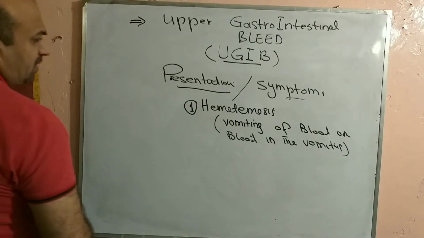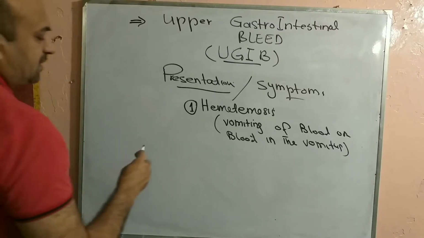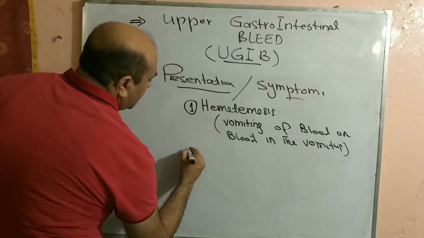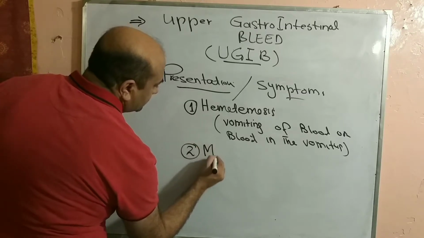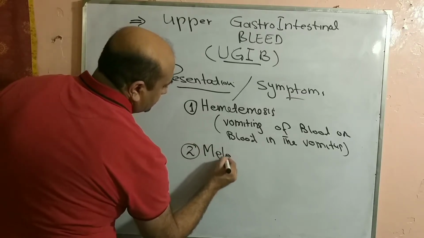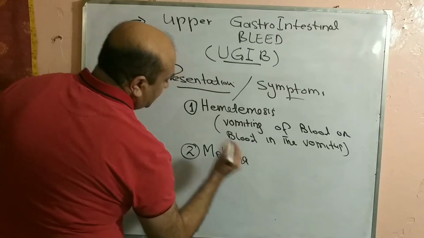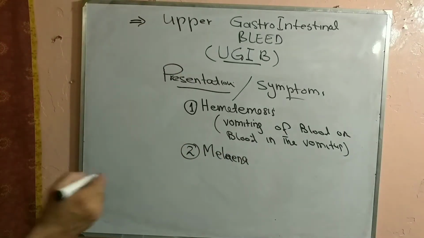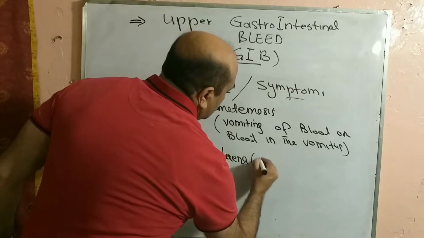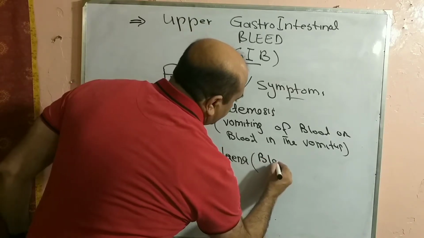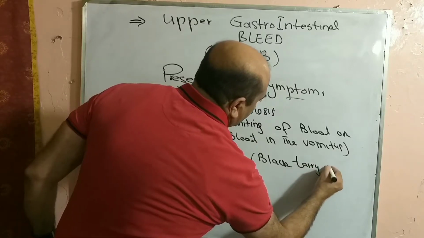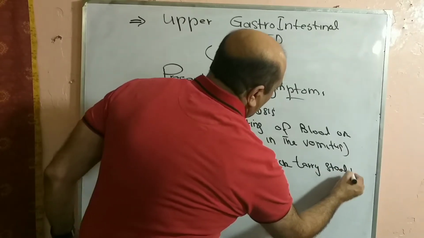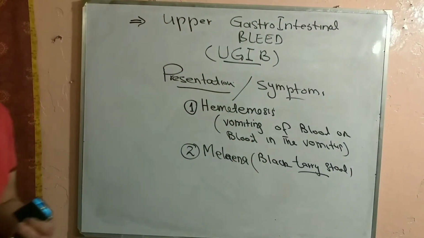So after hematemesis, there is melena. Melena is the passage of black tarry stool. The color of coal tar. The color of the tar, jet black.